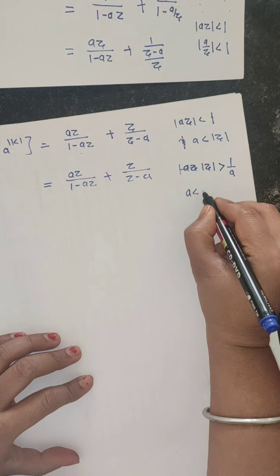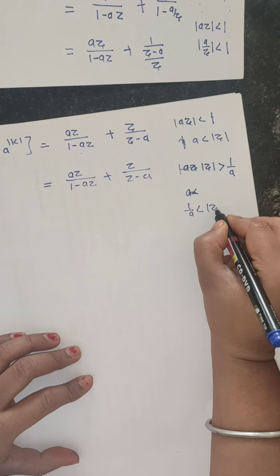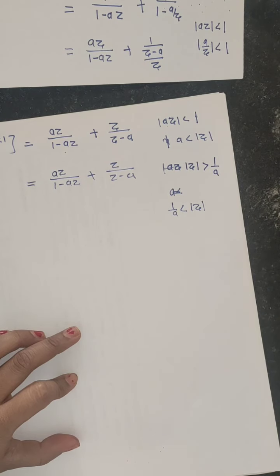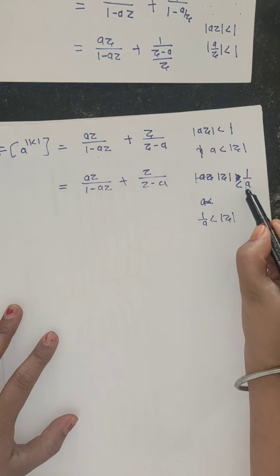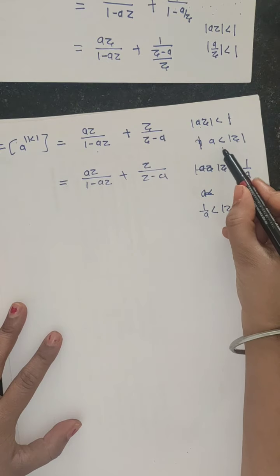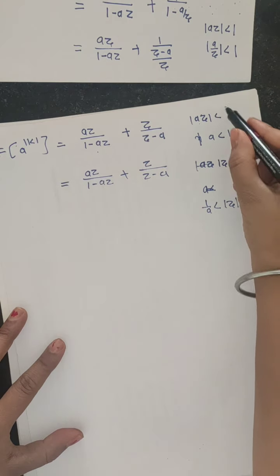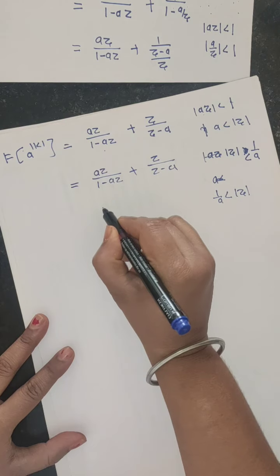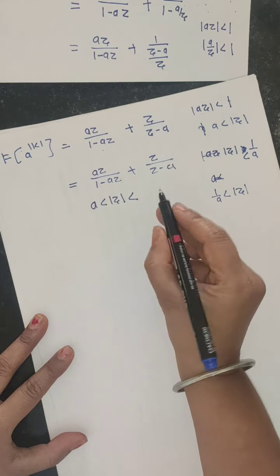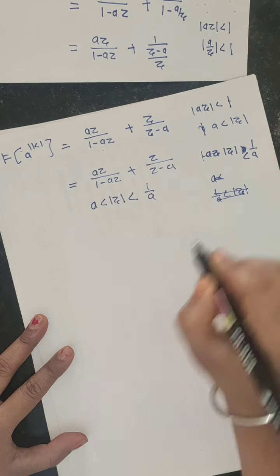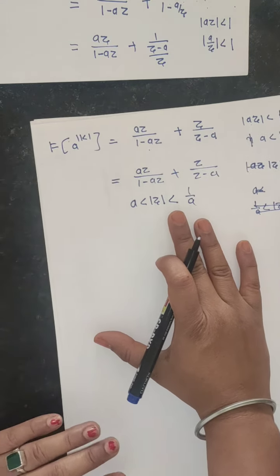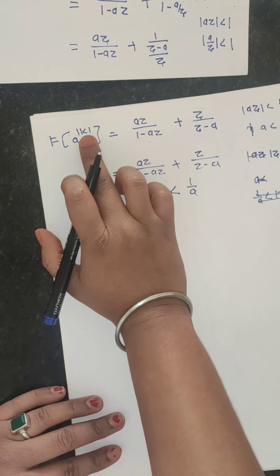That means a less than modulus of z, and modulus of z is less than 1 upon a. So this is the required z transform of the given sequence a raised to modulus of k.